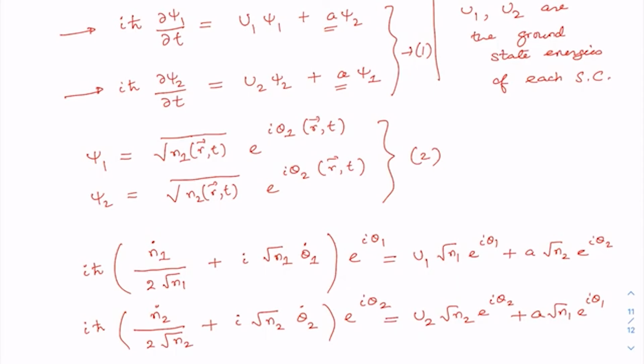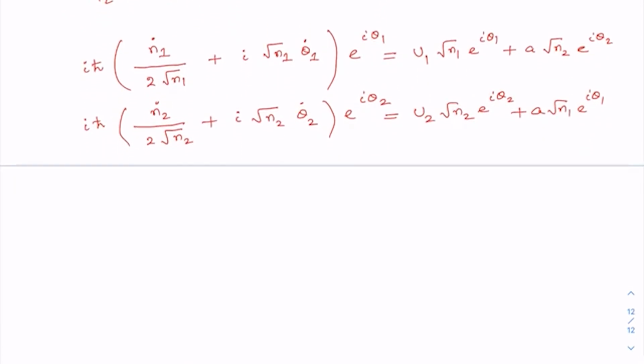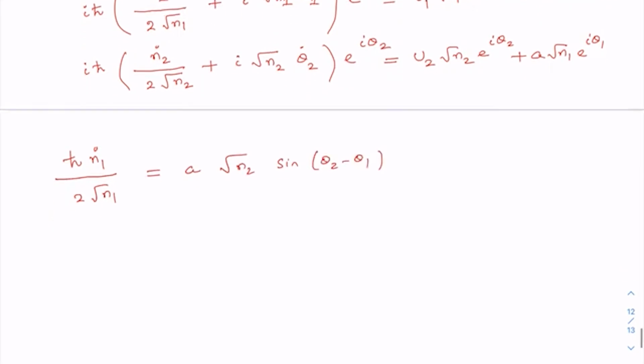Now if I equate the real and imaginary parts on both sides, we can obtain these equations that I'm now going to write. Firstly, you will get ħ ṅ1 divided by 2 square root of n1 is equal to A square root of n2 sine(θ2 minus θ1).